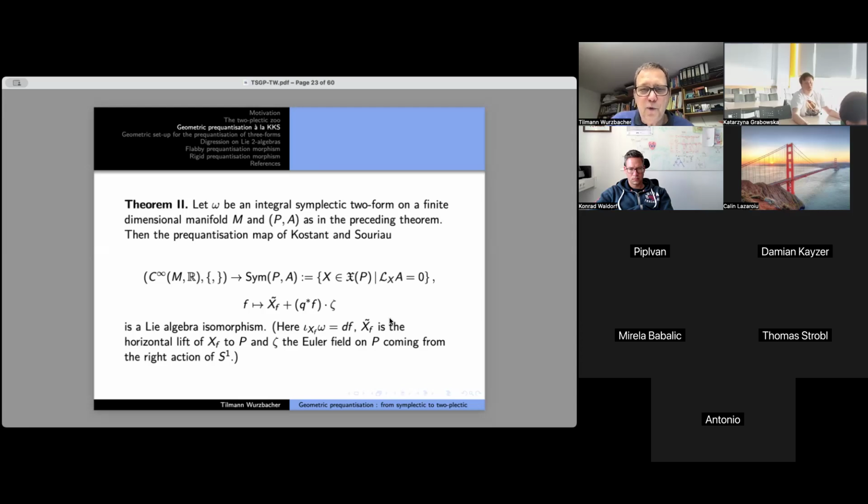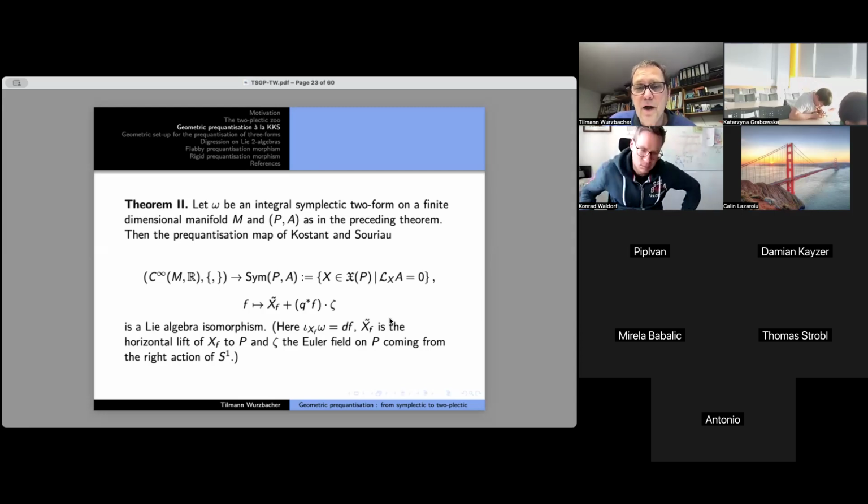But going from one fiber to another, the angular velocity will vary. And this sum is a symmetry of A. And in fact, this is not only a map to the symmetries, this is a Lie algebra isomorphism.